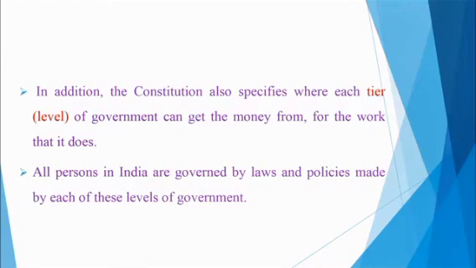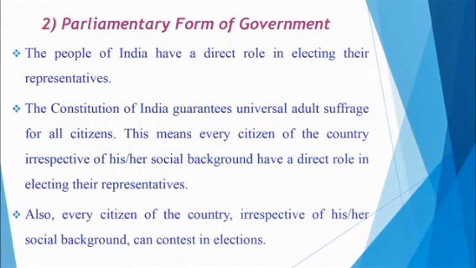Next, we are going to learn about the second key feature of the Indian Constitution, that is parliamentary form of government. The people of India have a direct role in electing their representatives. The Constitution of India guarantees universal adult suffrage for all citizens.